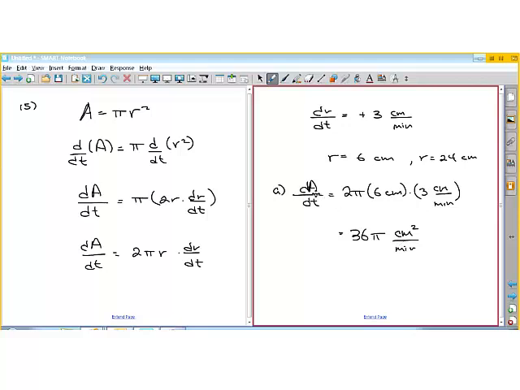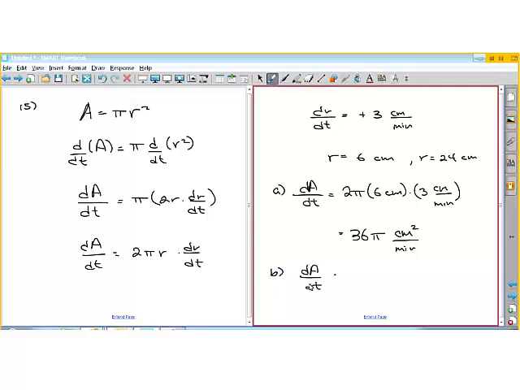And that makes sense because we're looking for the rate of change in area. So that's problem number 15, 36 pi. Okay, so that's the first part, and that's correct.